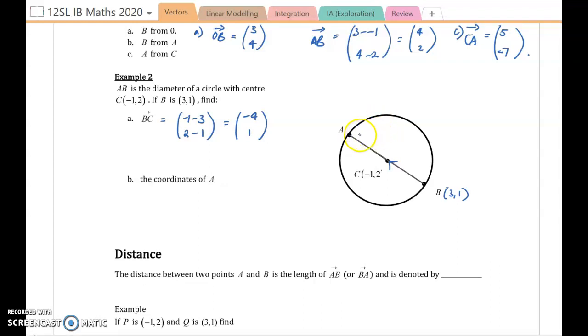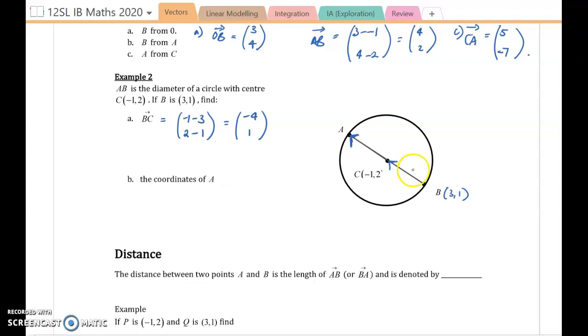Well, we know that because that's a diameter, this would be the same vector over here as well, because they're both the radii. So the vector here would be the vector here.